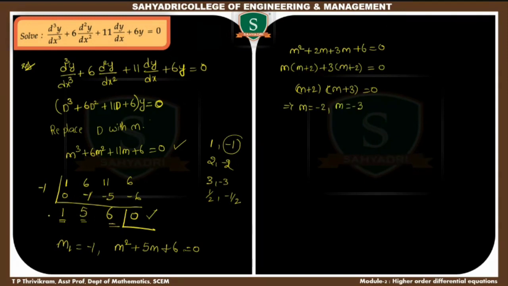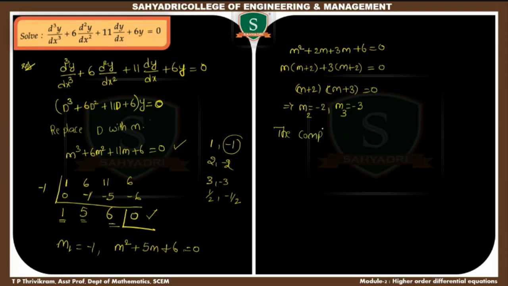So first you got m1 equal to minus 1, next m2 equal to minus 2 and m3 equal to minus 3. Compare these roots, whether these 3 are equal or not. If these 3 are not equal, then I'll write the complementary solution.